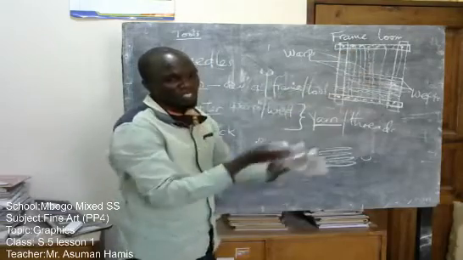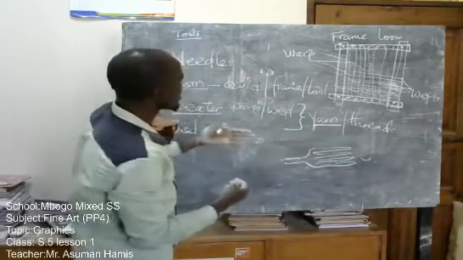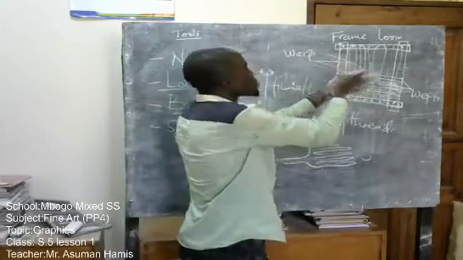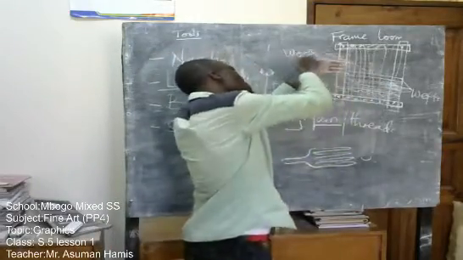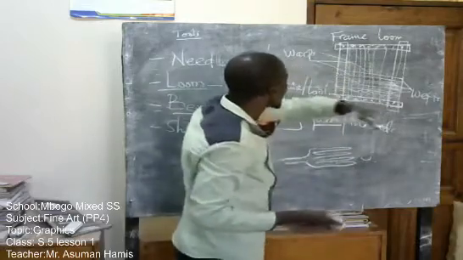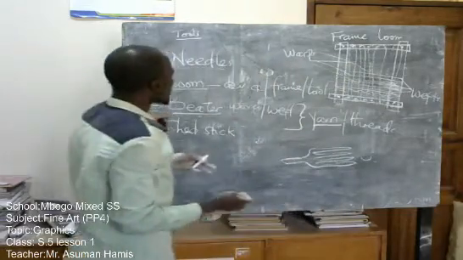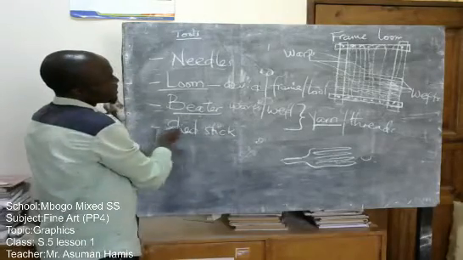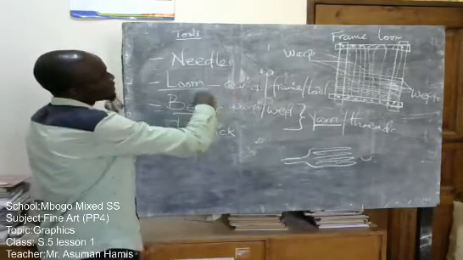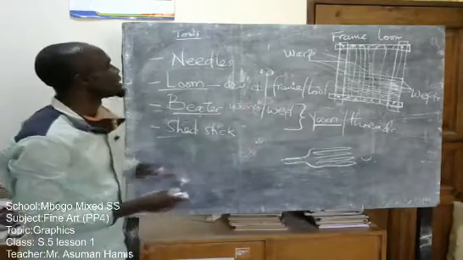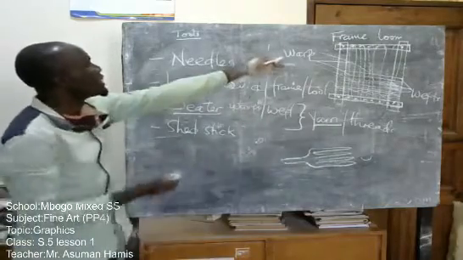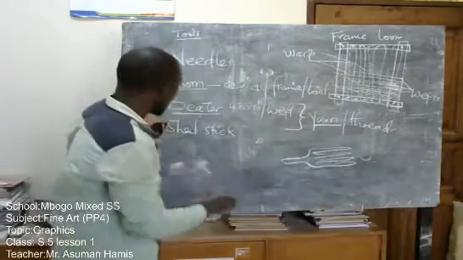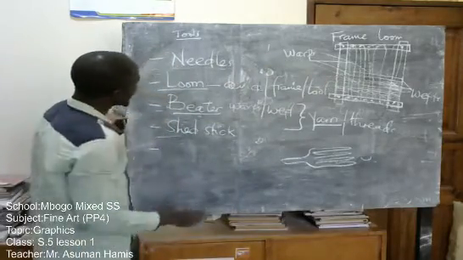You get a small tool, you separate the warps, some warps will be up, others down, such that you create space in between, so that you just fix in your wefts there. It is a tool used to create space in the warps, such that it is easier for you to weave and insert your weft between the warps. Then the other tool we can talk about is a shuttle.